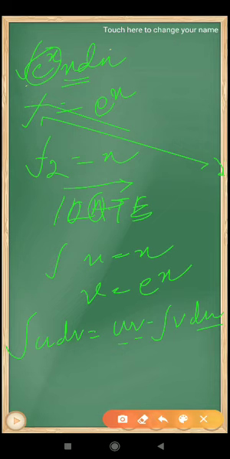Since u is x, the derivative of x is 1, so du is 1. Again dv is equal to e to the power x, and the integral of the exponential function is e to the power x only. So according to this formula we need to substitute, that's it.